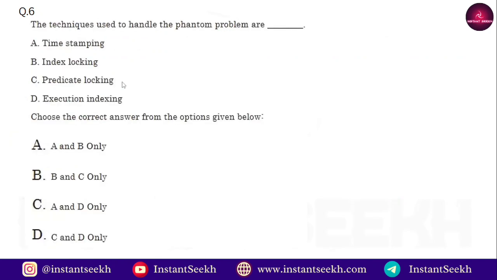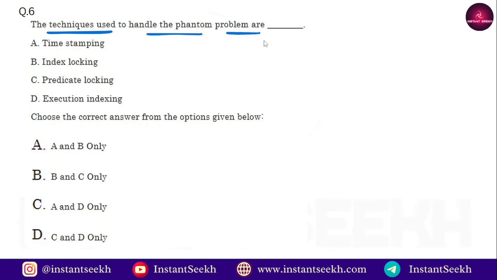Next: the techniques used to handle the phantom problem are. First of all, you should know what the phantom problem is. The phantom problem occurs in a database when a transaction reads a set of records that satisfy a condition, but another transaction tries to insert something that also satisfies the same condition.